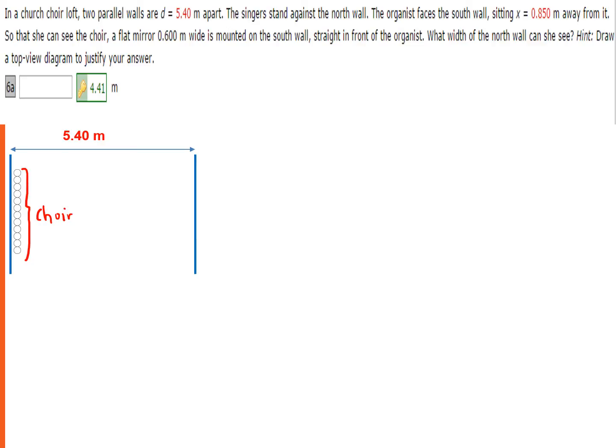Moving on with the problem, the organist faces the south wall sitting 0.85 meters away from it. So if this is the organist, he is sitting 0.85 meters away from the south wall. This is our south wall here.